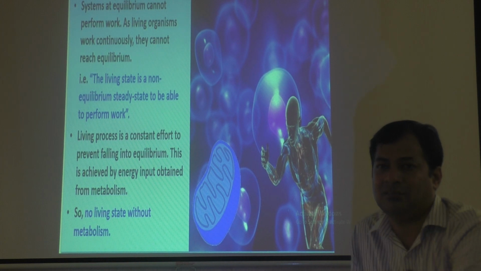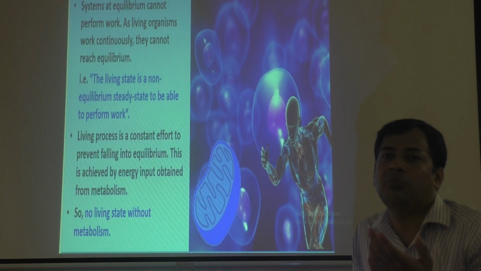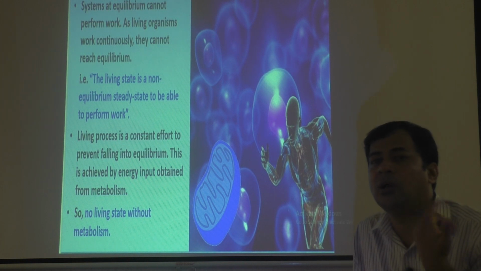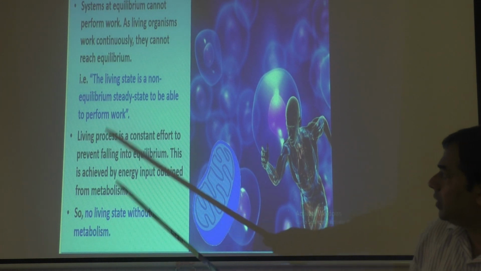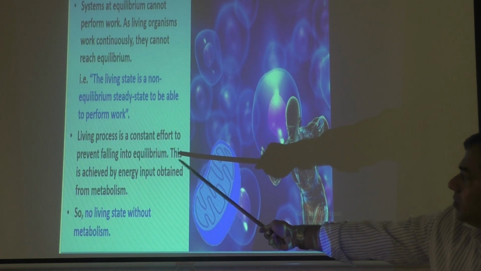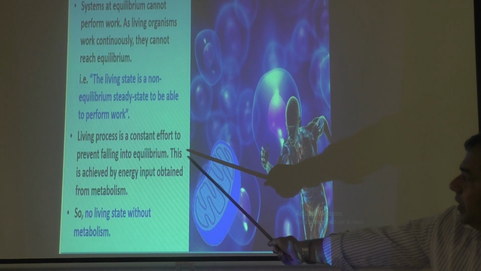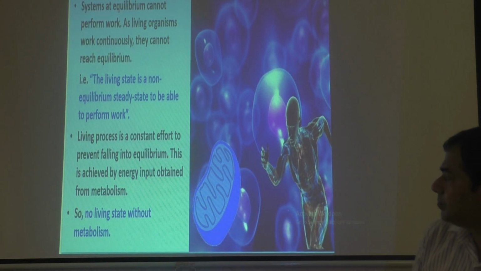See, I am teaching now. That is also work only. I am doing work because my body has not reached equilibrium. So, I am in a non-equilibrium state. The living process is a constant effort to prevent falling into equilibrium.